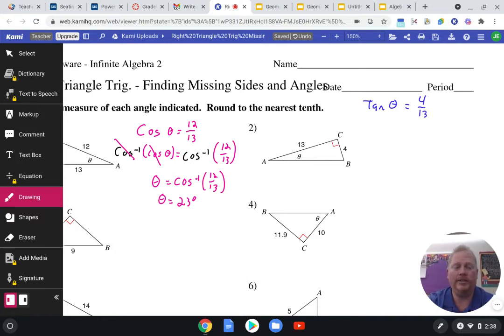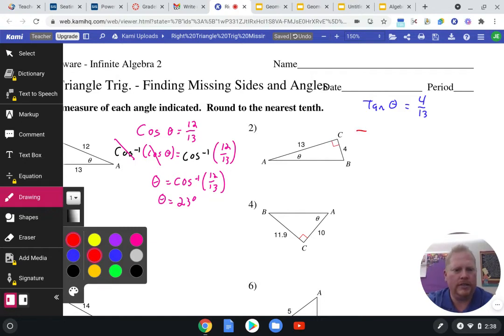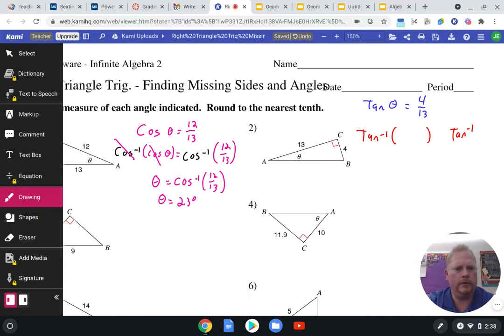Now to undo that tangent, I have to use the inverse tangent. So I will do the inverse tangent to both sides. Okay, so I took all that time just to write that out and illustrate what I'm doing.